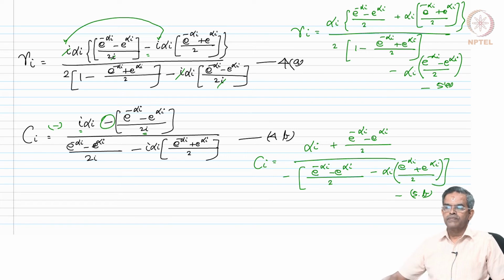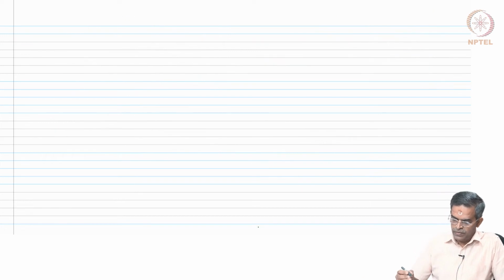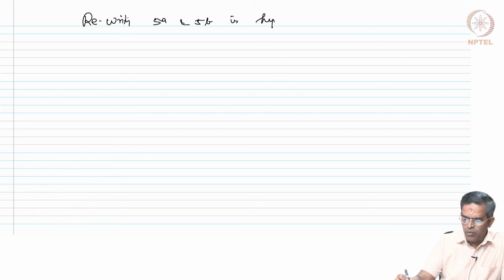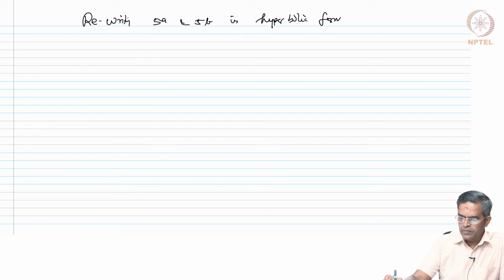Okay, friends. Now, I can rewrite this in hyperbolic forms. Now, rewriting 5a and 5b in hyperbolic forms. What is a hyperbolic form?